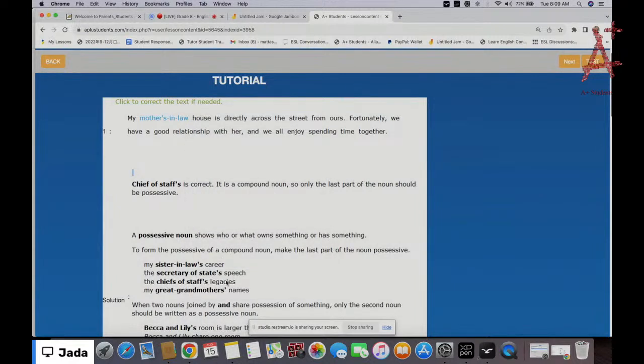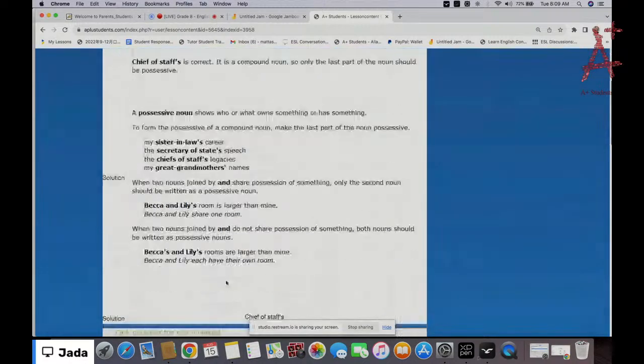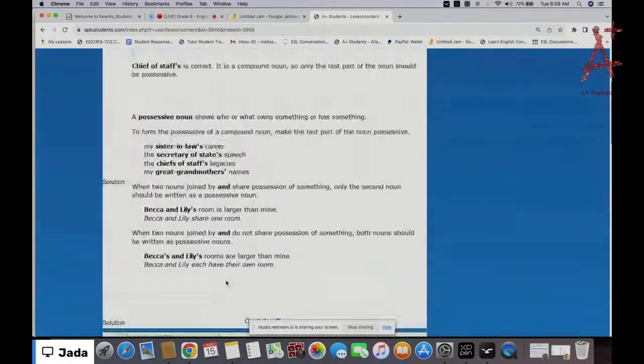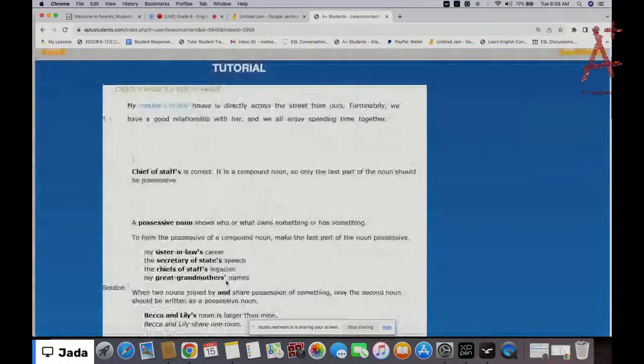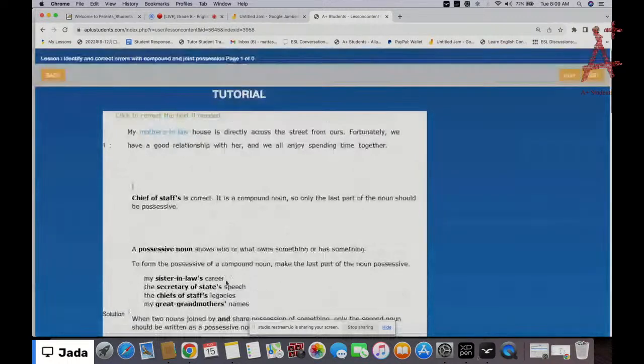So do we need to correct something here? The house of your mother-in-law is the possession, right? You said house, so it should be my mother-in-law's. You put the apostrophe and then s to make it a possession because it's her own house.